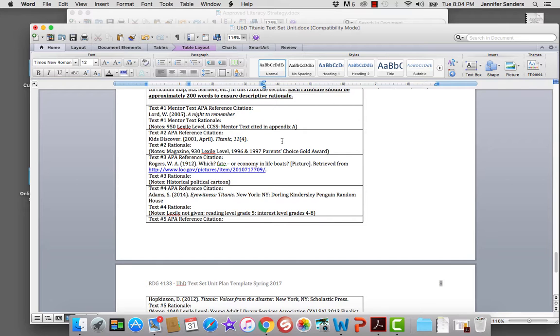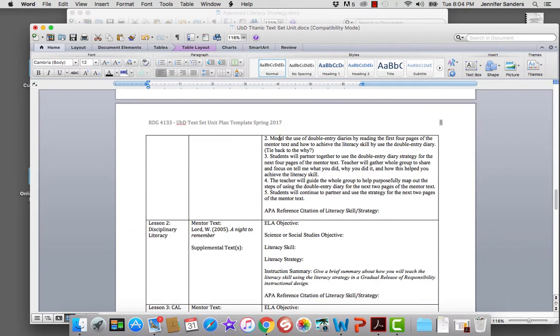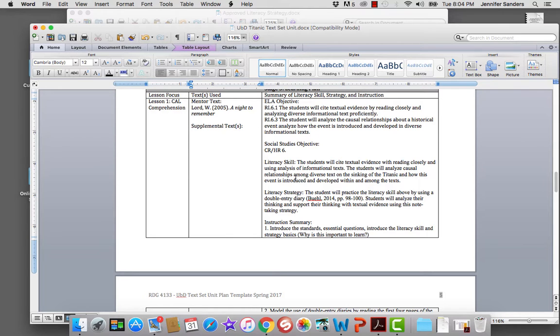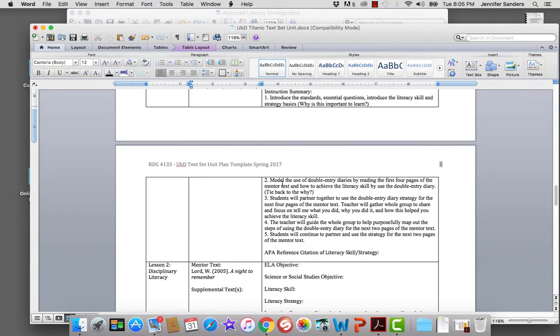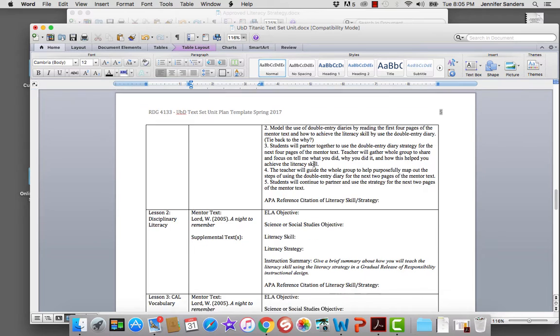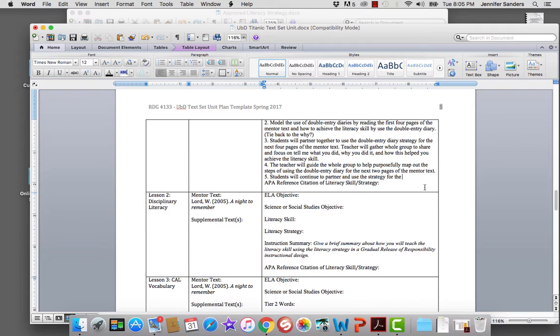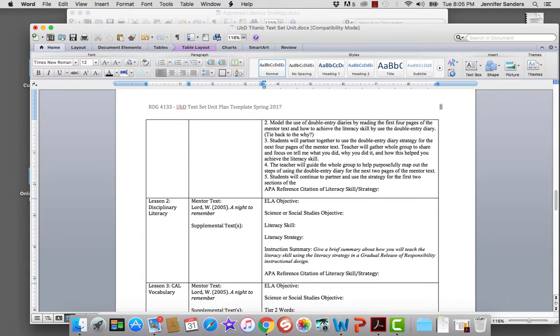So I actually think I'm going to take pages of this Kids Titanic, and instead of me constantly doing the mentor text, since I have modeled and then I actually had the students go through and read the 4 pages and I guided them through it, I'm going to say the students will continue to partner and use the strategy for the first 2 sections of the magazine on Titanic.